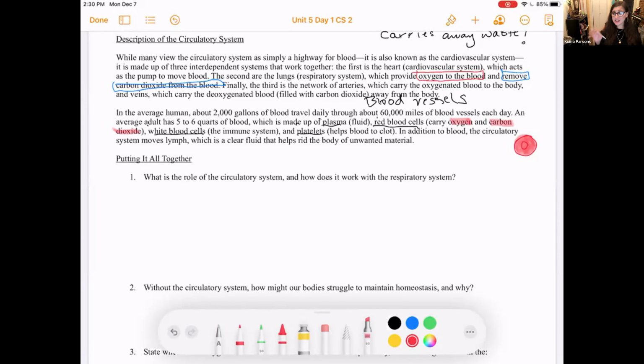Our lymphatic system is extremely interesting, but it's a little above our pay grade here in living environment. So you'll talk more about the lymphatic system if in the future you take anatomy and physiology, maybe when you're in college, or when you take AP biology here at Manhattan Center.